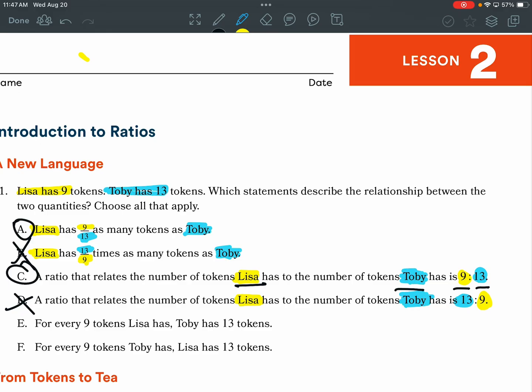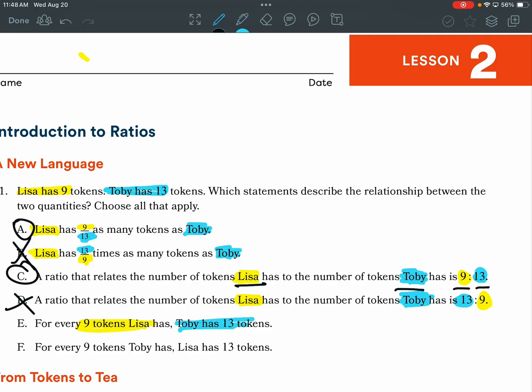For every 9 tokens that Lisa has, so 9 for Lisa, Toby has 13. True or false?